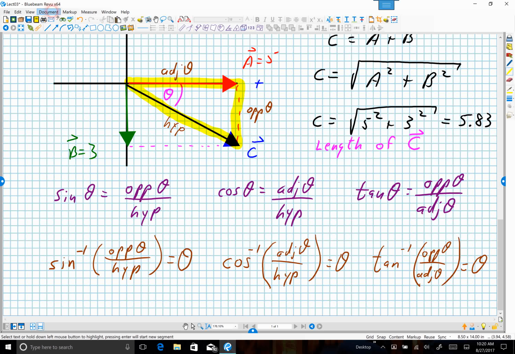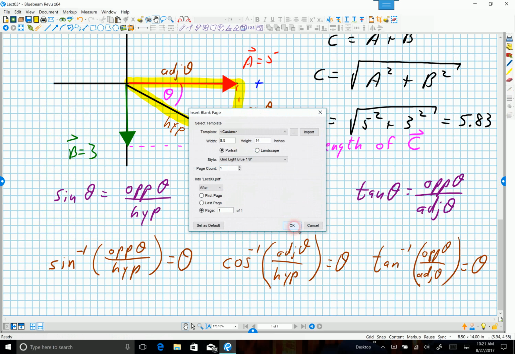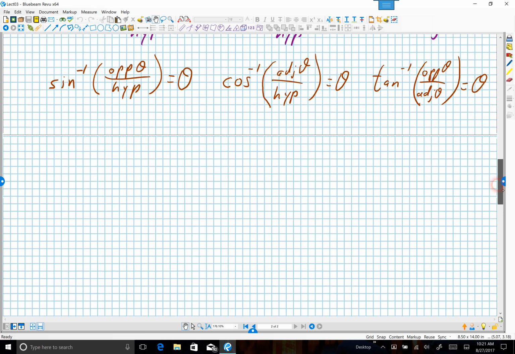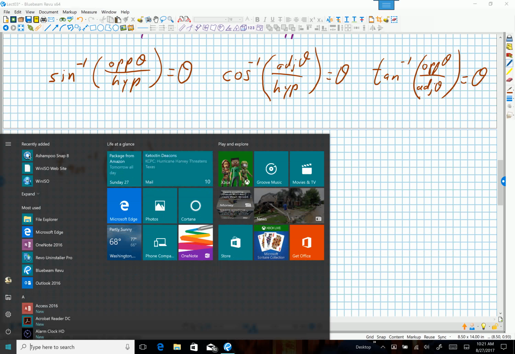So in order to avoid round-off errors, I'm going to use the inverse tangent of the opposite side, that was the 3, and the adjacent side, that was the 5. If that's not clear, go back in the recording and look at the diagram. And that equals theta. Let's pull up the calculator here.